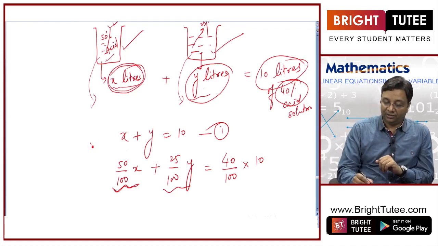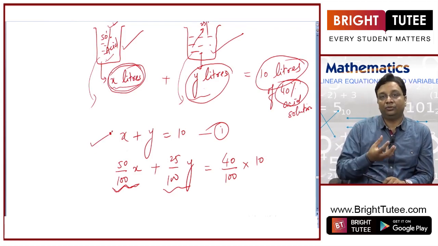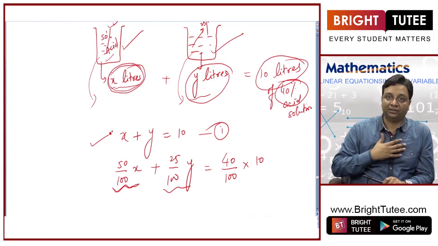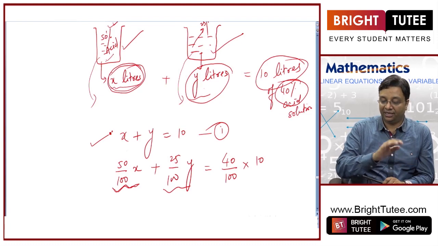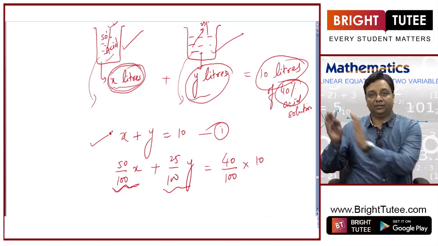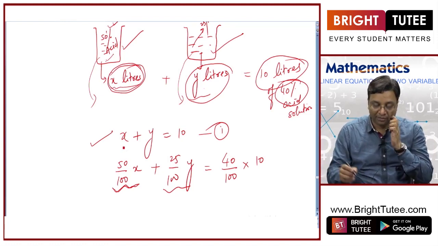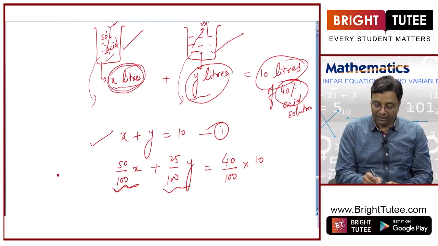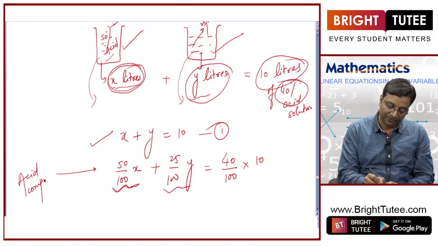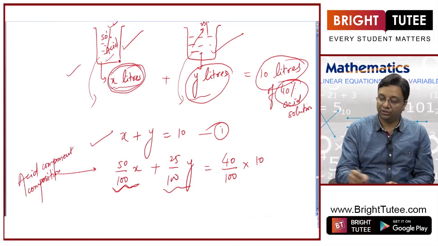In the first equation, I compared the volumes of the solution that I mixed, right? I mixed x liters and y liters of two different solutions to make 10 liters of a different solution. So x plus y is equal to 10. In this equation, I am just comparing the acid component of these solutions.